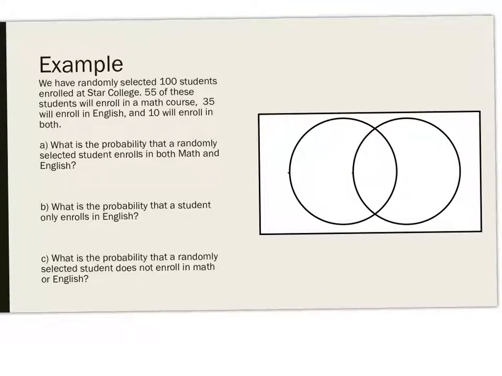So to set up a Venn, you always start with the joint part of the Venn. So you're going to start here. You're going to try to fill out this part first and then work your way out.